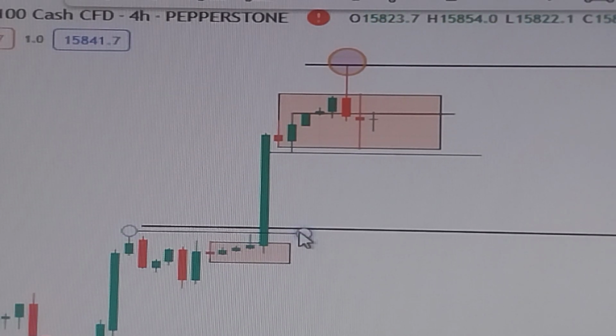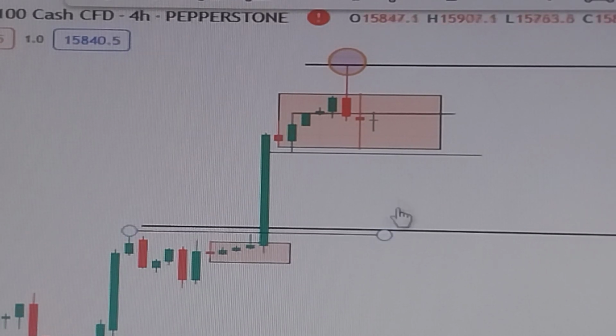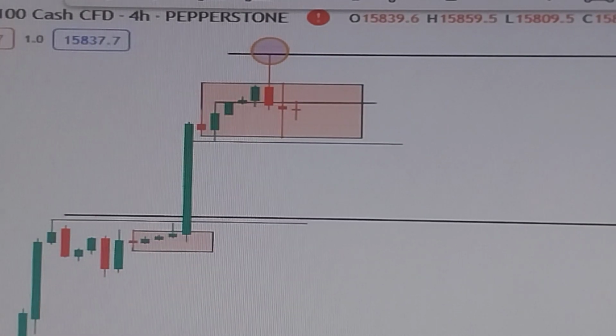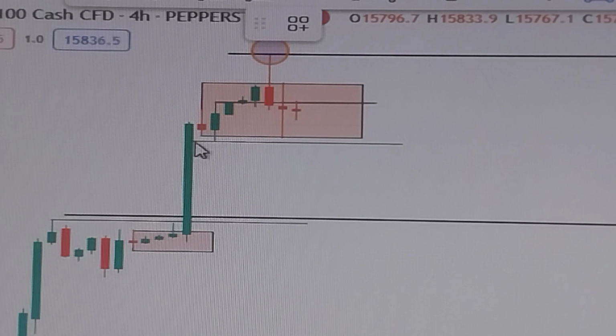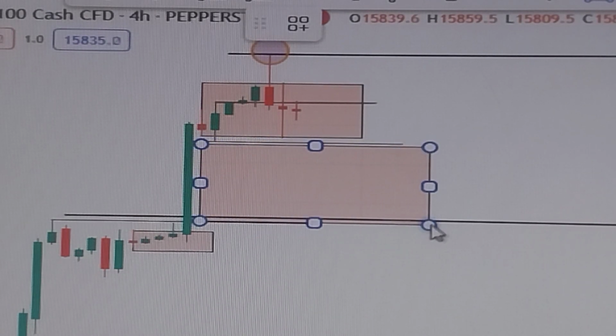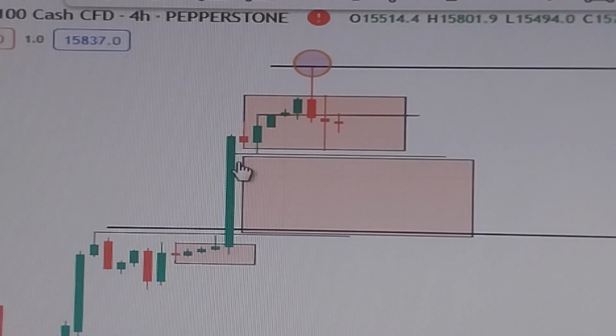So that liquidity now gives us the zone of area: if we were taking out that liquidity, then we have this whole fair value gap that we should be looking at on our 4-hour time frame.